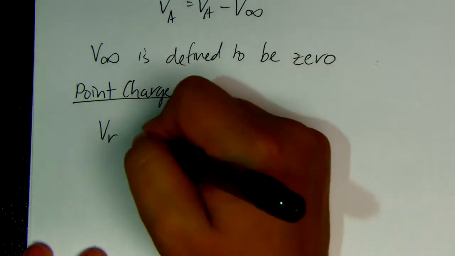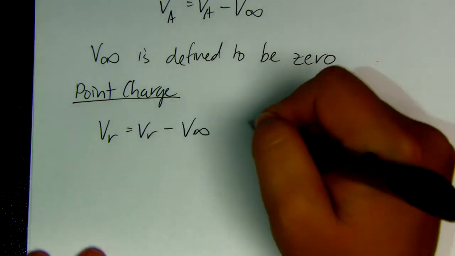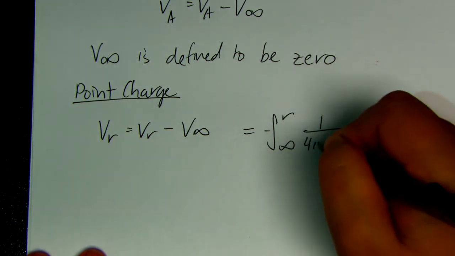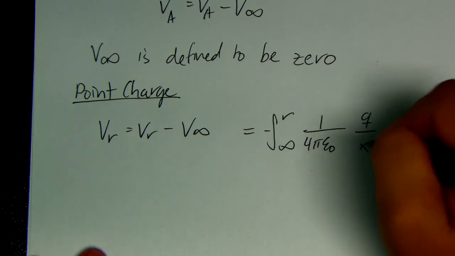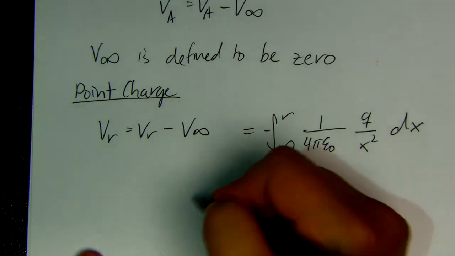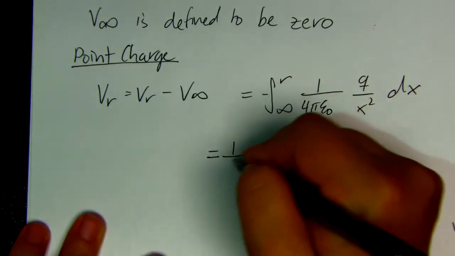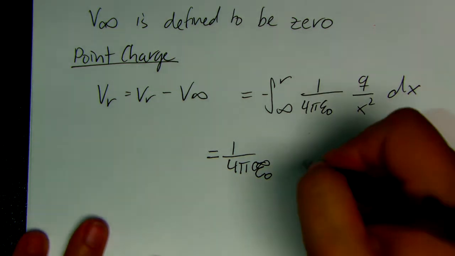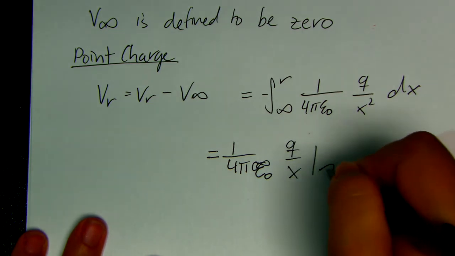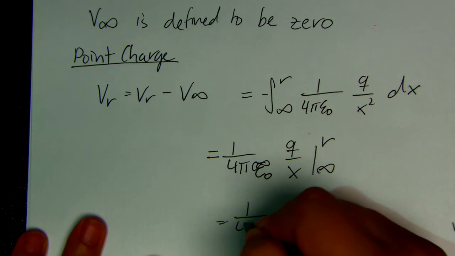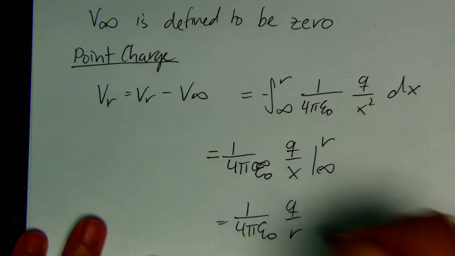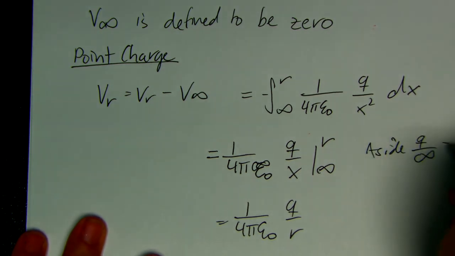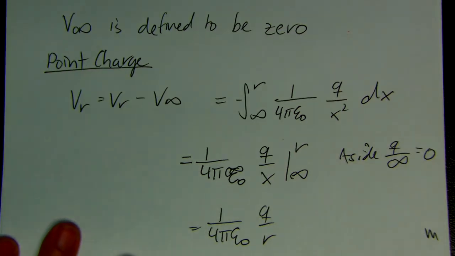So the potential at R is equal to VR minus V infinity, which is equal to negative the integral from infinity to R of 1 over 4 pi epsilon naught Q over x squared dx, which is equal to 1 over 4 pi epsilon naught Q over x from infinity to R, which is equal to 1 over 4 pi epsilon naught Q over R. Because, as we would know, Q over infinity is 0, because anything over infinity is 0.